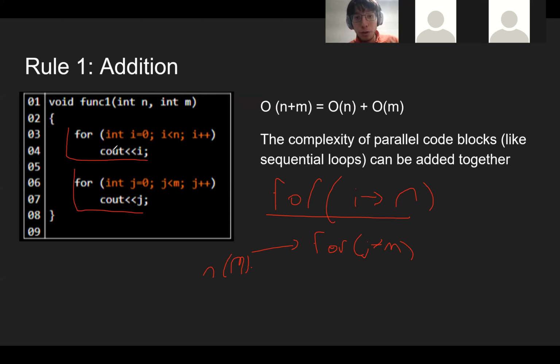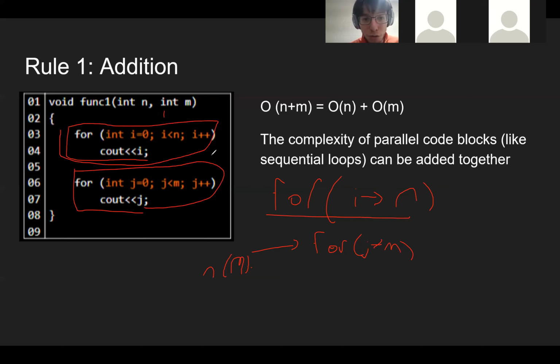Whereas with sequential, if they're not nested, if they're just separate, then we do this one, which is O of n, one time. And this one's O of m, we also do one time. So it's just 1 times n plus 1 times m. That's why we end up with O of n plus m instead. Okay, so sequential, it's addition, and if they're nested, then we multiply.